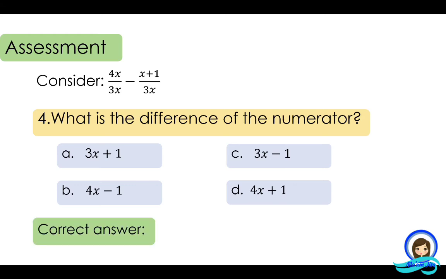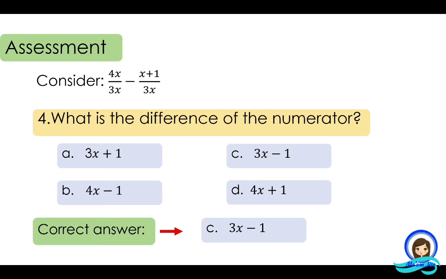Alright, so the correct answer for the difference of the numerator is letter C. It's quantity 3x minus 1. Why? Remember the rules in subtracting integers. So 4x minus quantity x plus 1, you need to distribute the minus sign, so the 1 becomes negative.